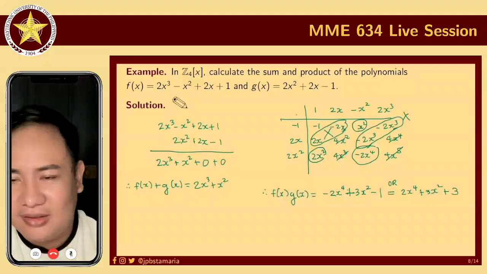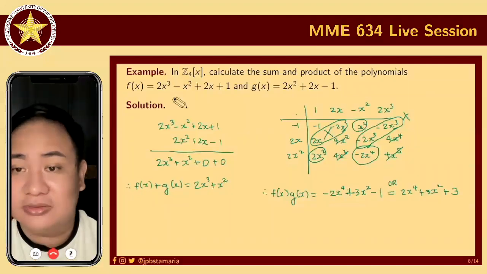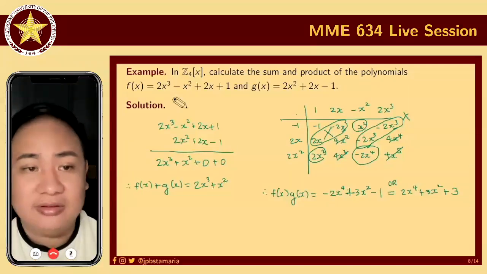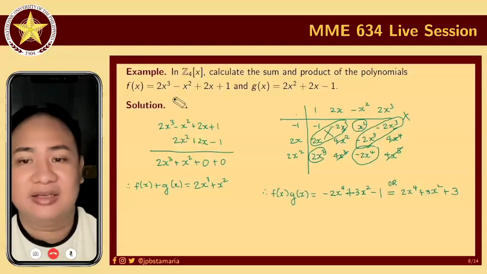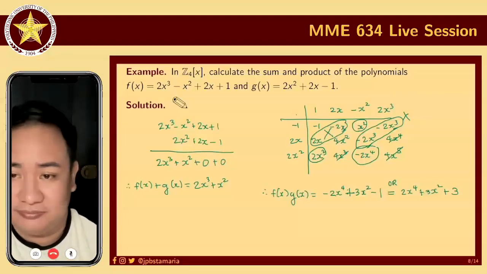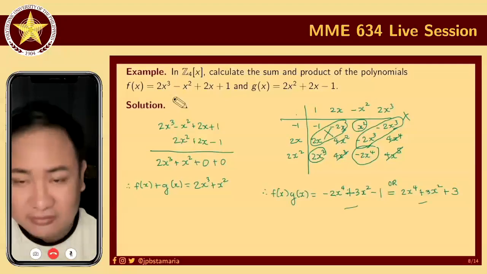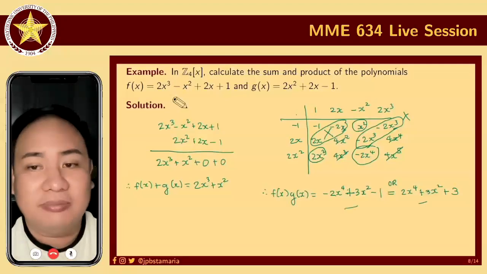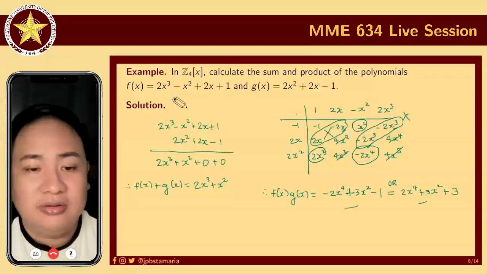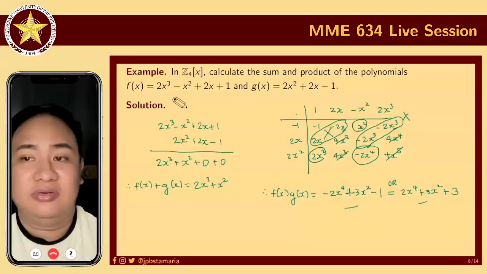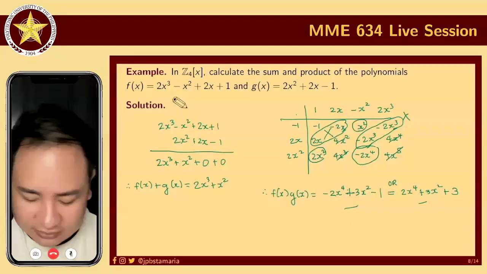Ang negative 2 ay 2 din kasi ang 2 plus 2 ay 0. Ang negative 1, for example, ay 3 kasi ang 1 plus 3 ay 0. So you can write your answer this way or this way, alin man dyan. Sabi ko nga, this time, maraming paraan to write your polynomials kasi you're doing it modulo 4 in Z sub 4.